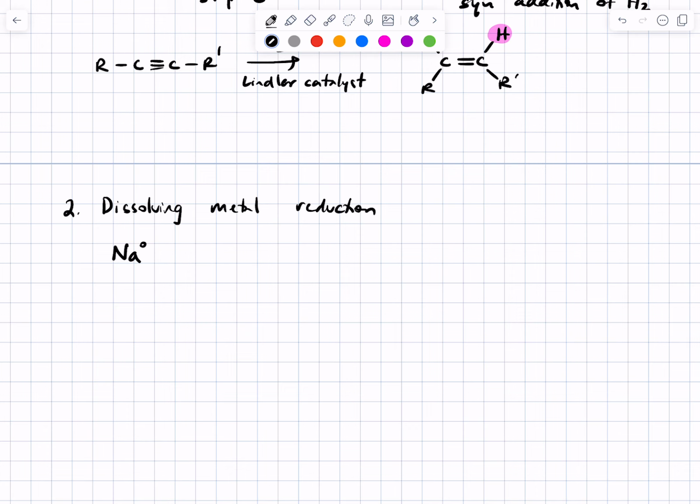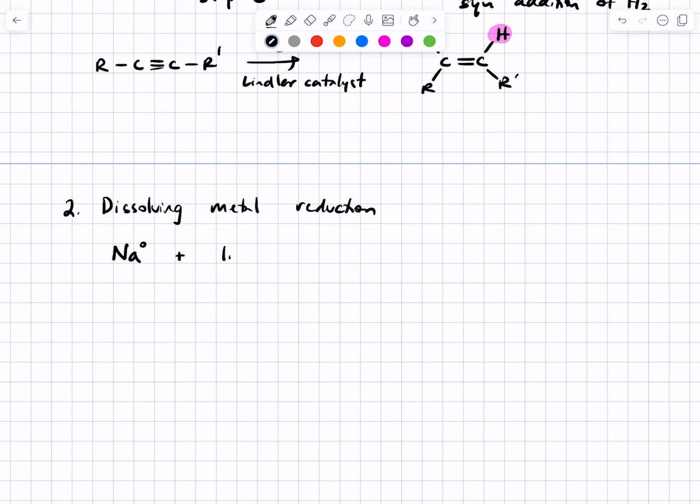When you go to the store and buy ammonia, what you're really buying is NH3 dissolved in water, whereupon it becomes like ammonium hydroxide. But NH3 itself is a gas. You can cool it and condense it to a liquid. And then if you have liquid ammonia, the sodium will actually dissolve in the liquid ammonia.